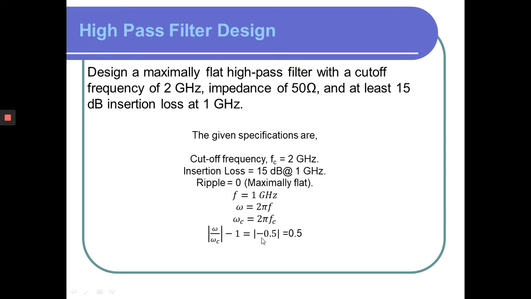We cannot use minus 0.5 because the chart doesn't include any minus. So we take the positive or absolute value of the outcome. Now with this 0.5 and the given 15 dB insertion loss, we will find the order of the filter.